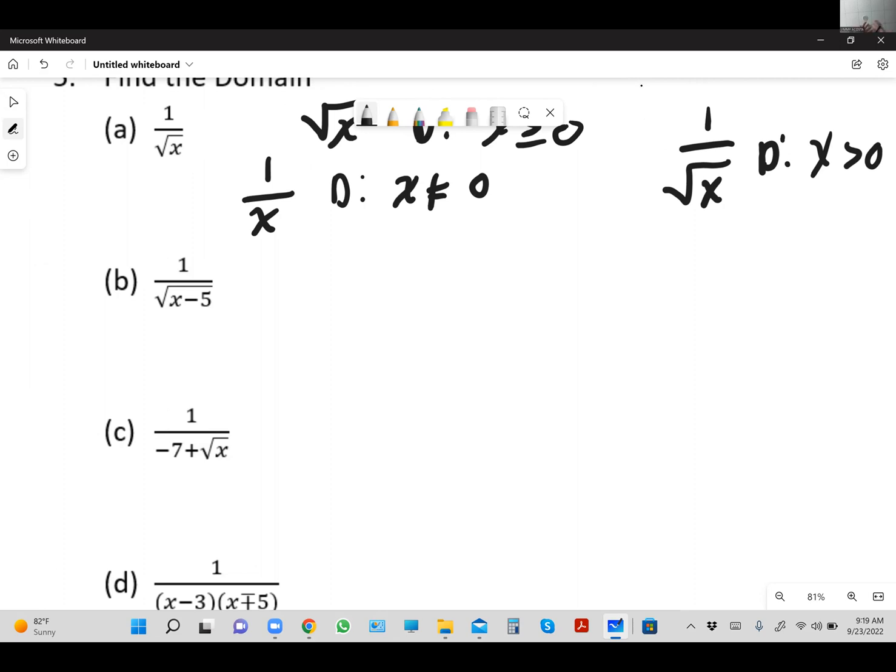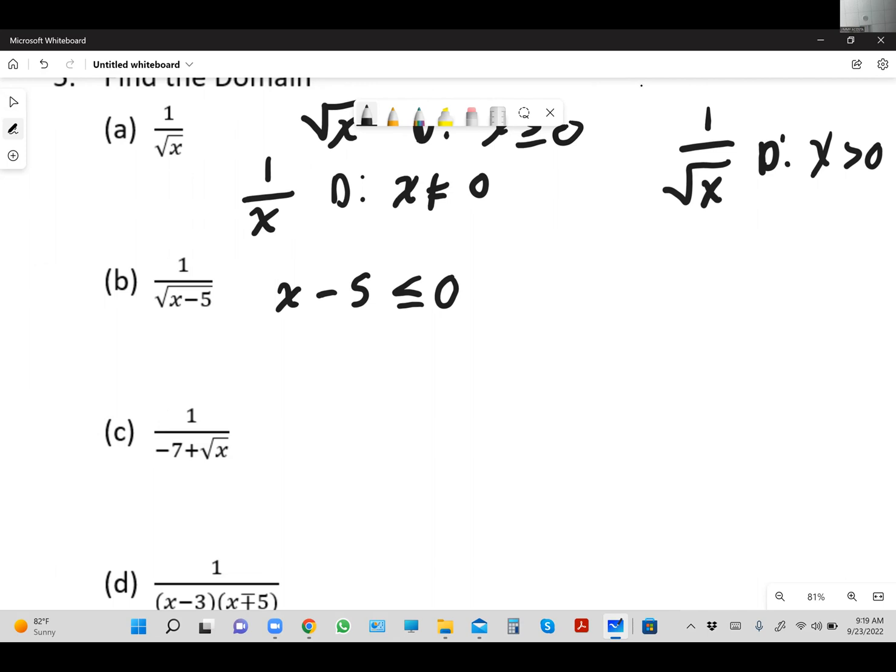All right, guys, take a look at the second one there. Now we have a combination of two things. We have a denominator, it can't be 0. When is the denominator gonna be 0 there? When it's equal to 5. So we can't have 5. Now, can you have 6? But can you have 4? No. So basically, if you analyze, when is x minus 5 less than or equal to 0?